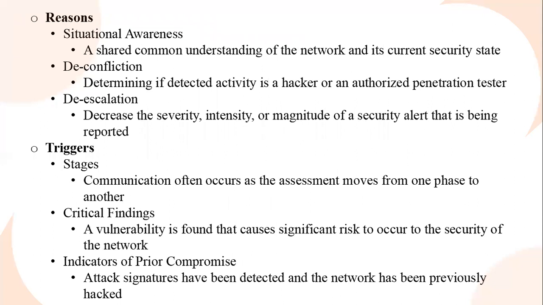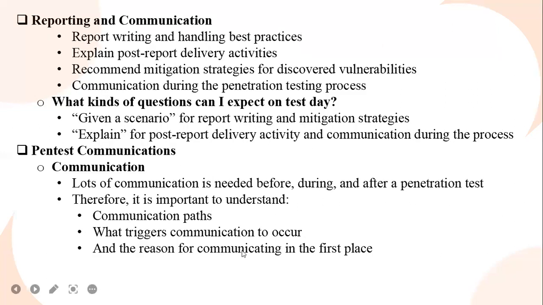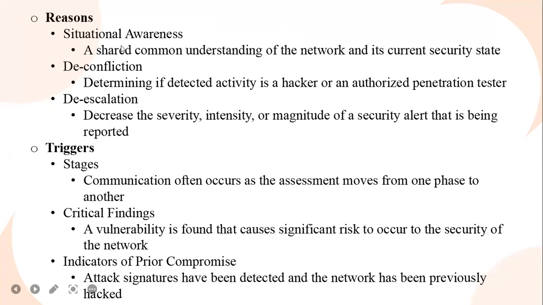Reasons: situational awareness, the conflicting, the escalation. So in communicating, don't forget that the reason for communicating in the first place is very important. Do you just want to inform them of what is happening? That is situational awareness. Or something has happened, you detect an activity and you want to inform them.